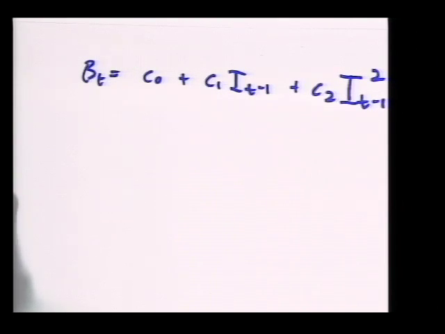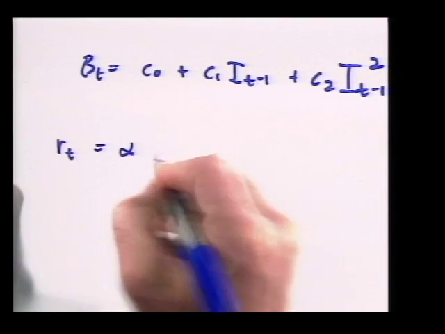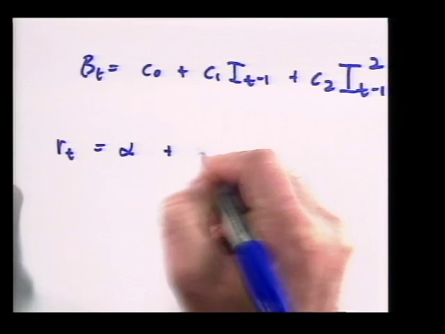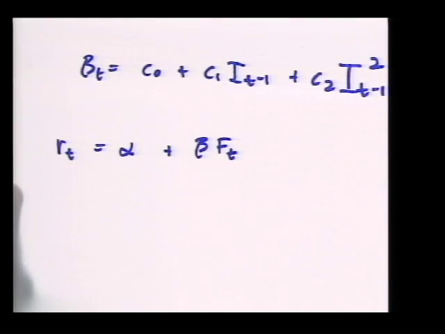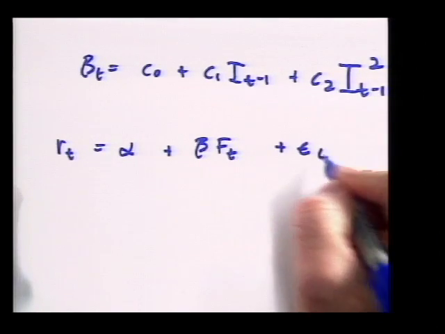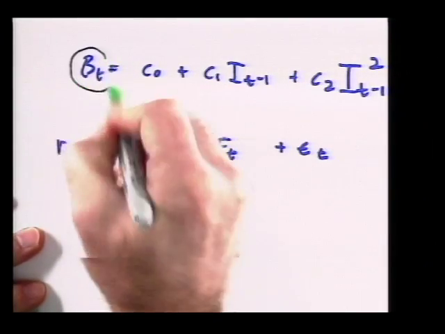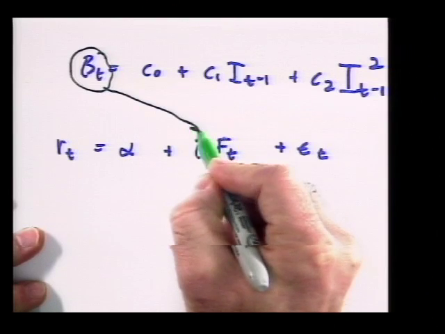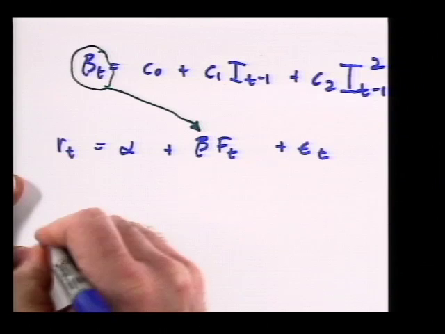Okay, so again, all we need to do is to write down our factor model, which is alpha plus beta f_t. And notice I've suppressed the individual i subscripts here. All I'm going to do is the same thing. Let's substitute this into my factor model. And this time I'll skip the step and write out the whole regression.